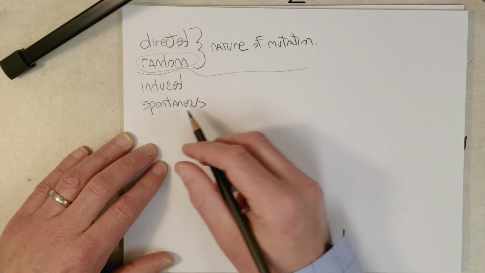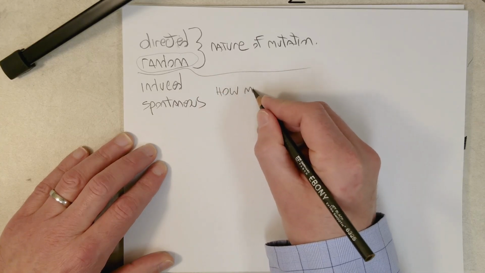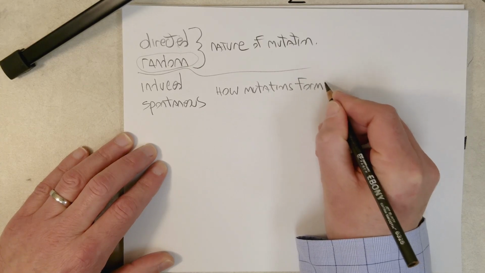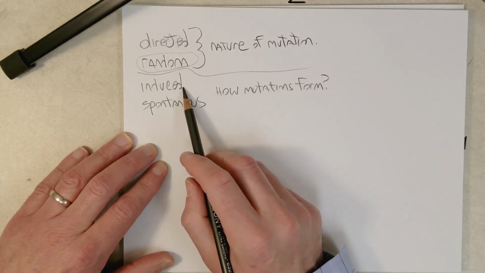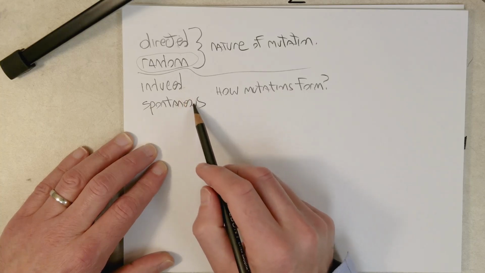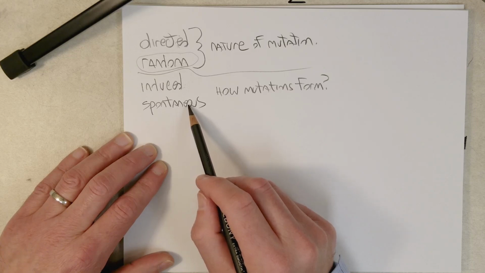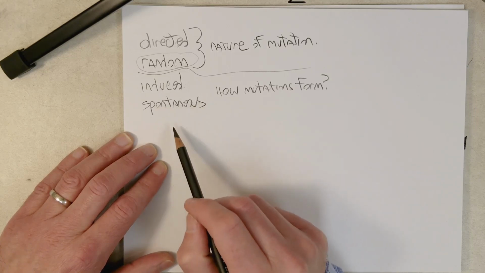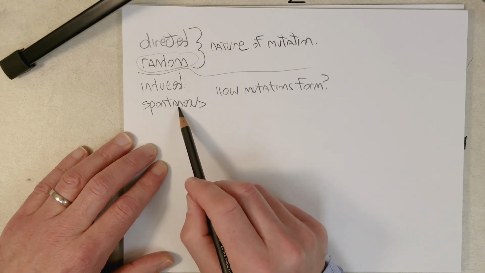So these other two, induced and spontaneous, address how mutations form. Do they occur spontaneously in the cell, or are they induced by external agents? And both of these can occur. So cells, just being normal cells, can make mistakes and DNA can be damaged, or the polymerase can make a mistake, and we consider those spontaneous mutations.